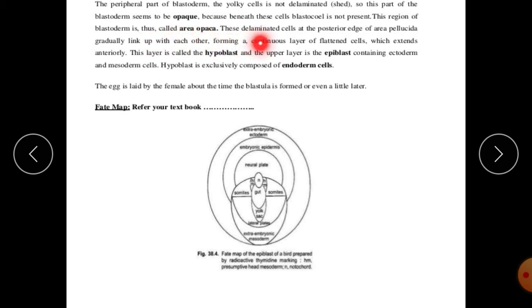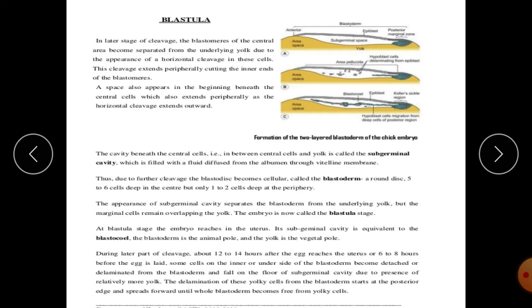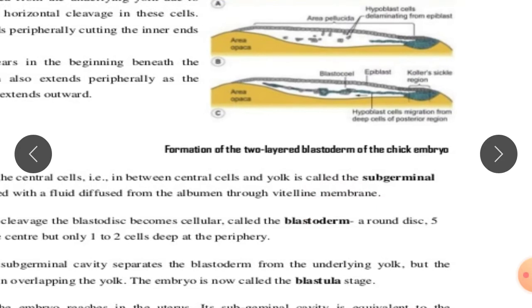These delaminated cells at the posterior edge of the area pellucida gradually link up with each other, forming a continuous layer of flattened cells which extends anteriorly. This layer is called the hypoblast. Can you see here? The hypoblast, the green layer.